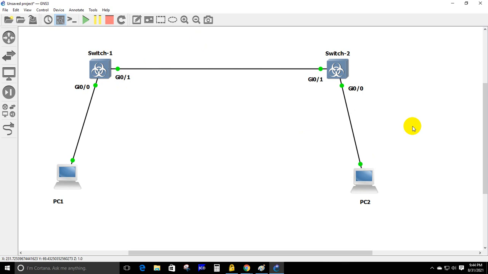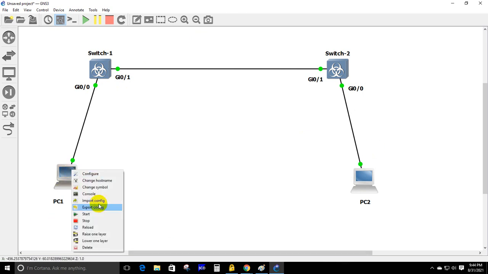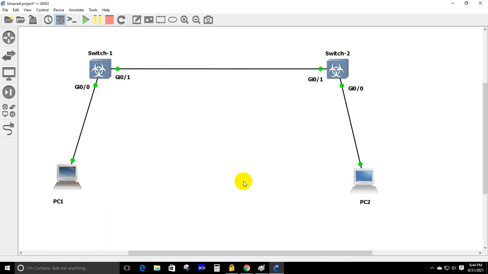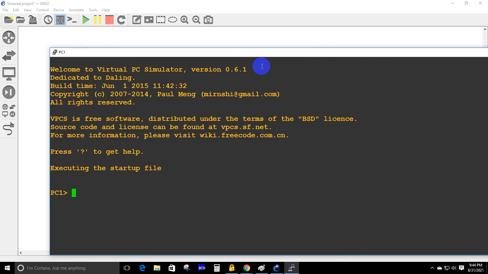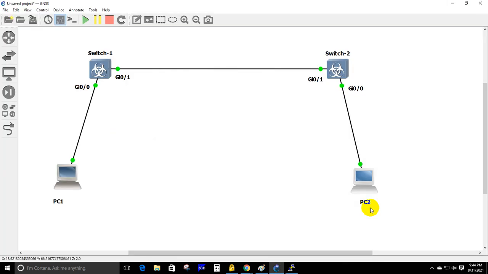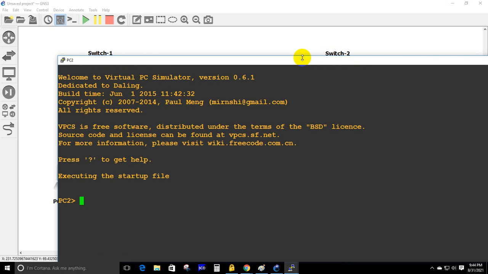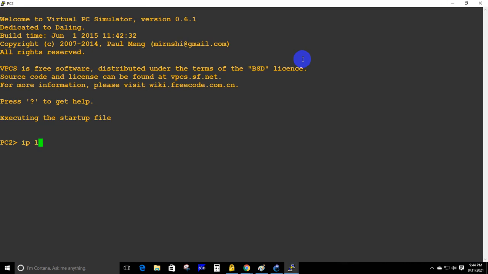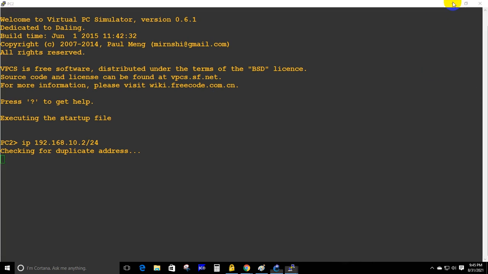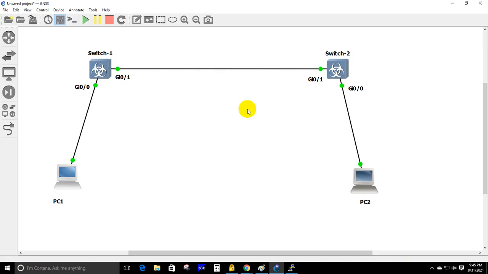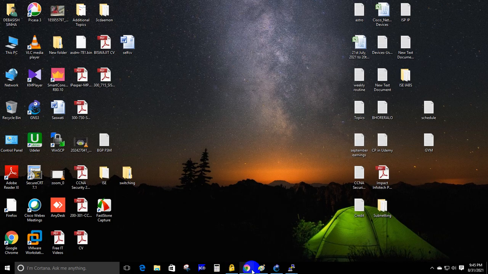This is our topology. Suppose PC1 has the IP address 192.168.10.1 and PC2 has the IP address 192.168.10.2. Clear?